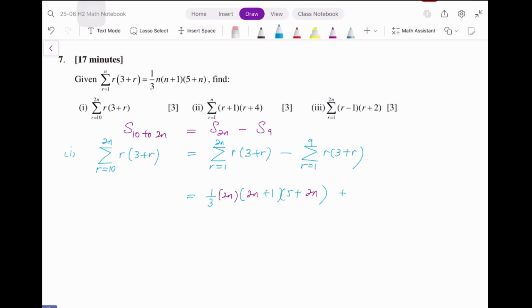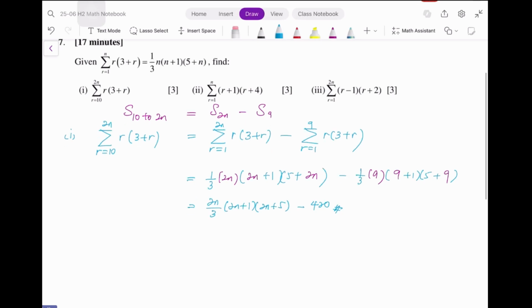Then we still need to apply it for 9, so minus 1 over 3 times 9, times (9 plus 1), times (9 plus 5). So over here we will have 2n over 3, (2n plus 1)(2n plus 5), minus 420. So far so good? This is part 1.